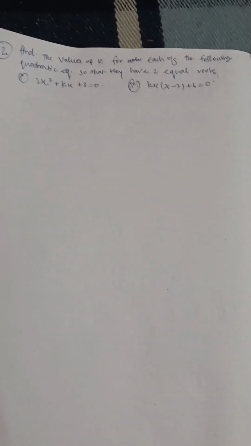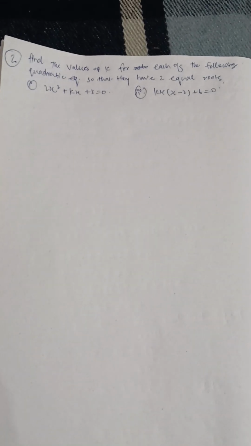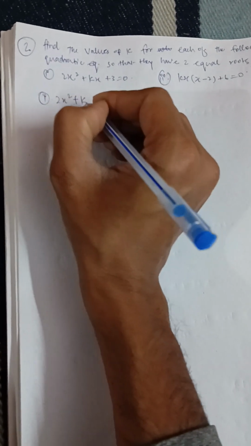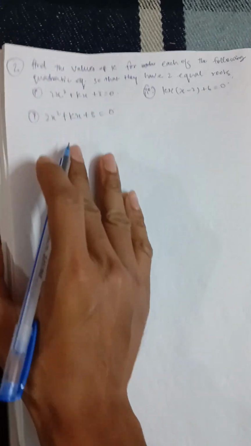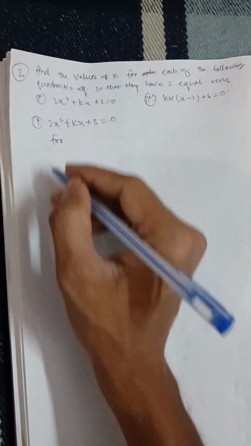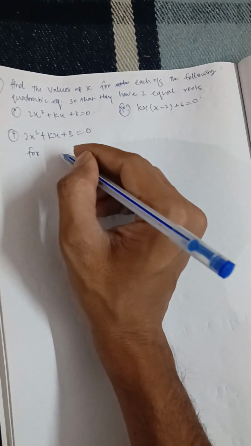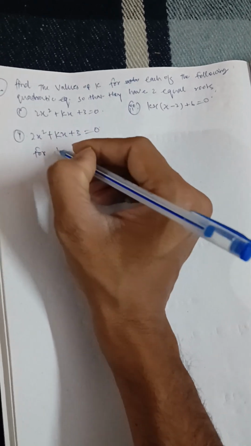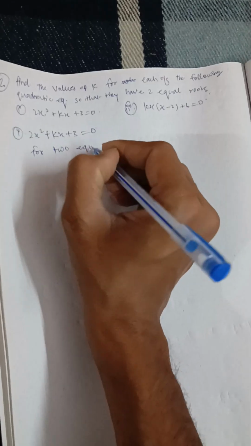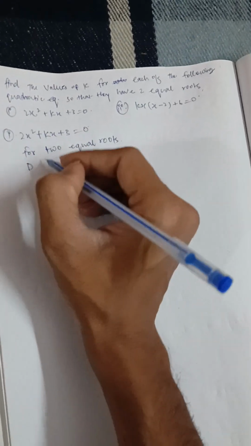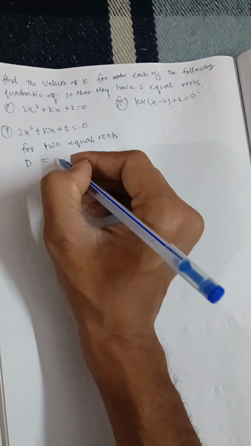Second question is find the values of k for each of the following quadratic equations so that they have two equal roots. First question is 2x square plus kx plus 3 equal to 0. The condition for two equal roots is that the determinant d should be 0.